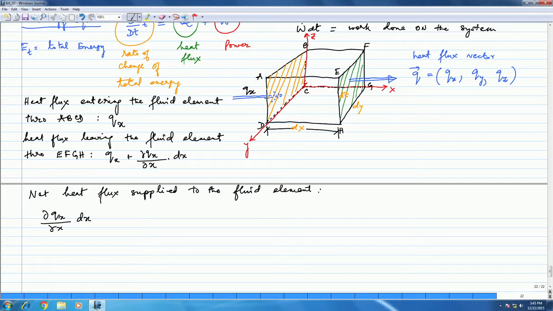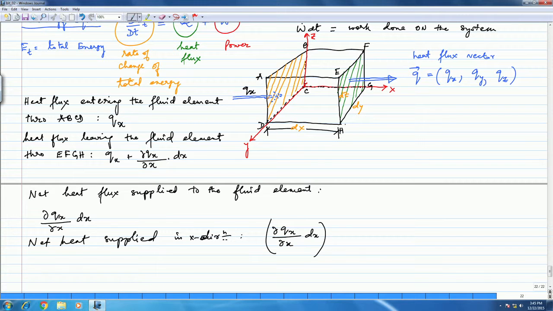Therefore, what is the total heat which is supplied in the x direction, okay. So net heat supplied in the x direction is del Qx del x, and I've got to multiply this by the area through which it is coming out, which is dy into dz, right.